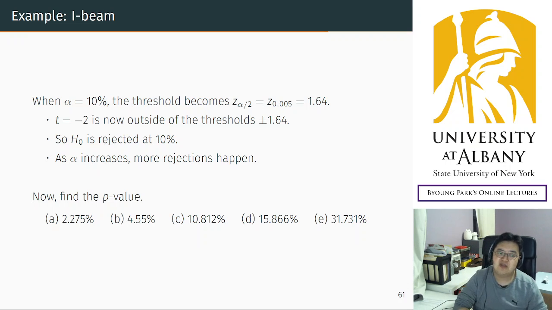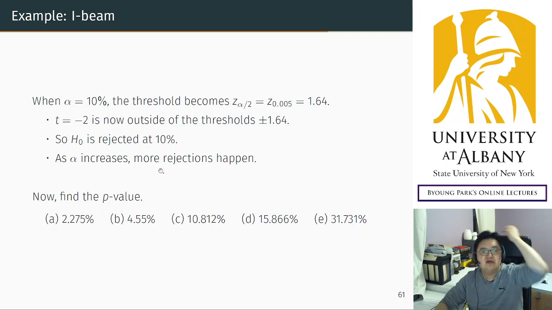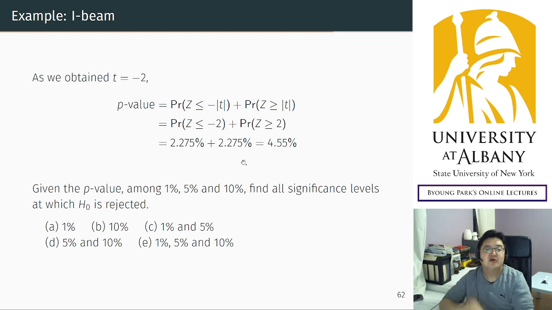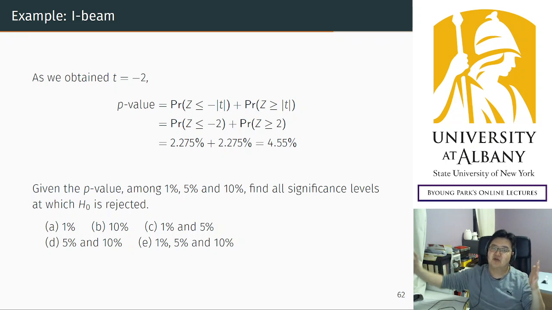Now, calculate the p-value. Pause the video, and I'll show the answer. The p-value is calculated this way. We obtained a t-statistic of -2, so the p-value is the probability of being more different from the null hypothesis, so smaller than -2 or greater than +2, right?